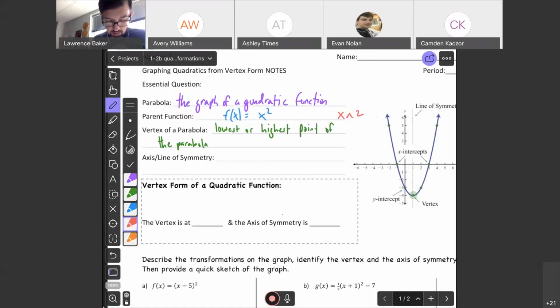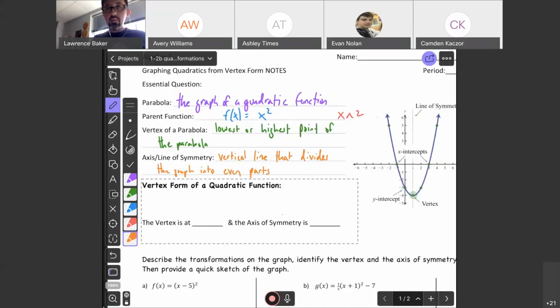And then the axis of symmetry is the line of symmetry. It's a vertical line that divides the graph into even halves or something like that.